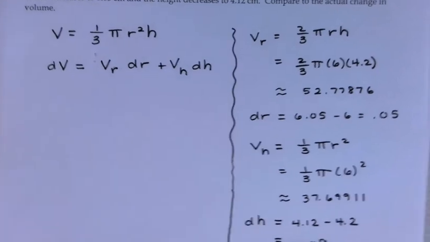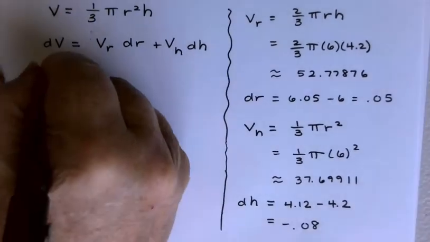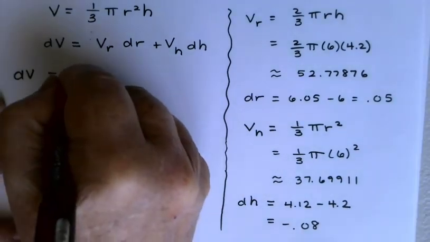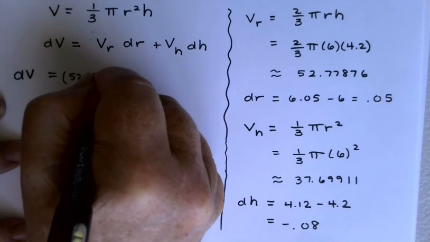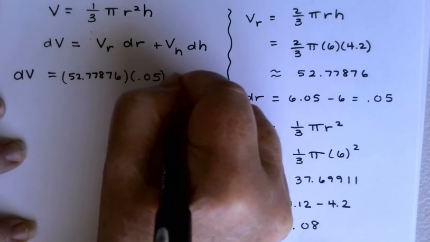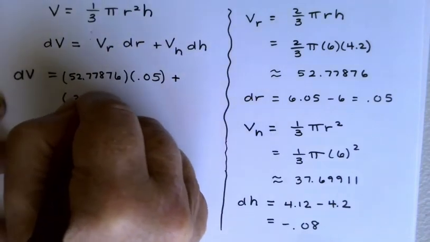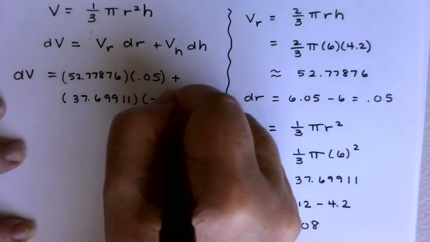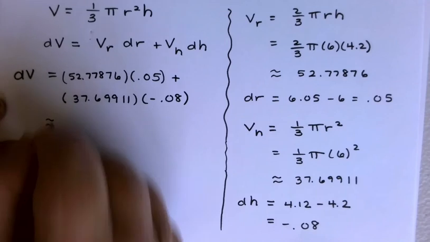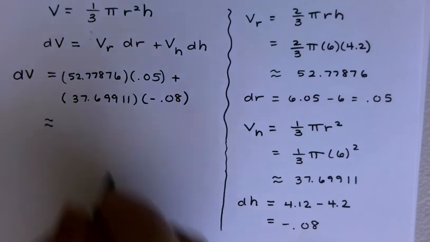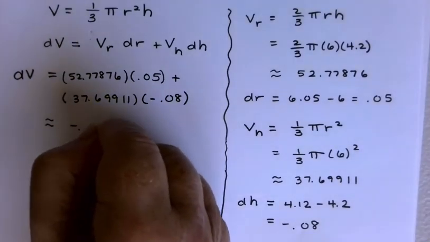All right, let's just plug everything in, and we'll have it. So dV is going to be about negative 0.377 approximately.